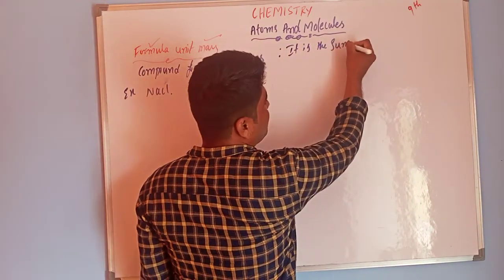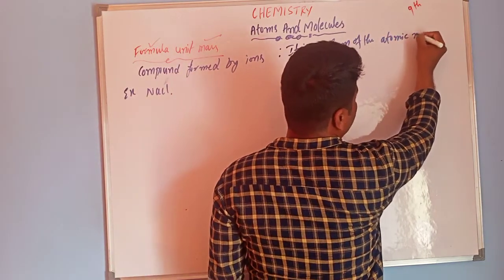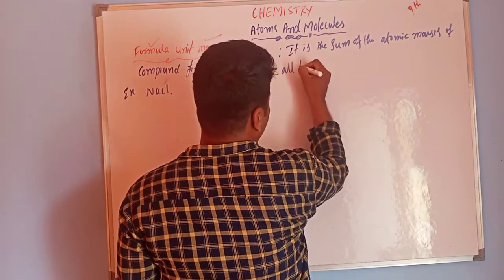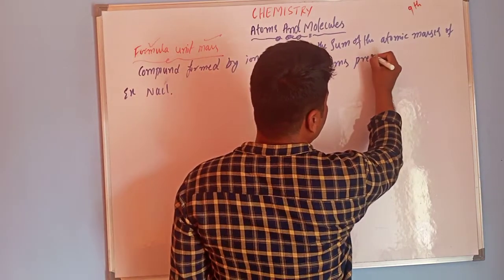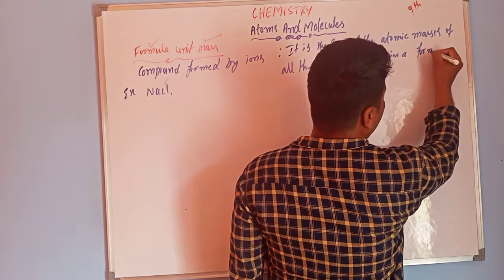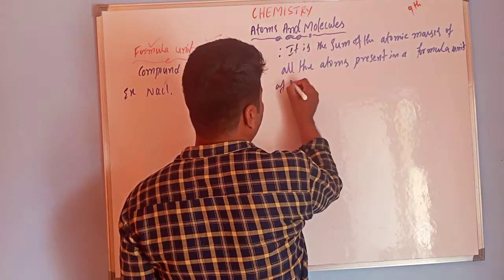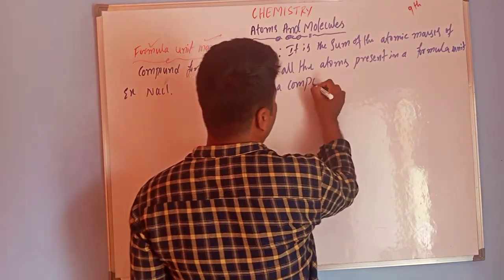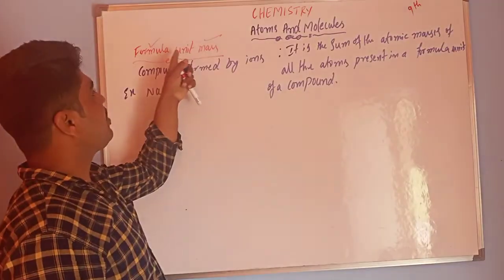It is the sum of the atomic masses of all the atoms present in a formula unit of a compound. So this is the definition of formula unit mass.